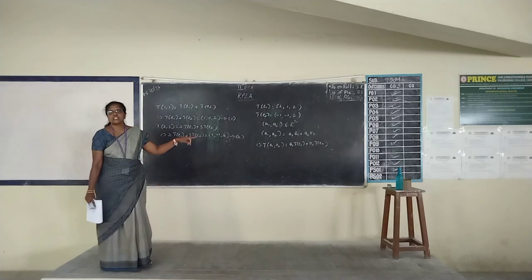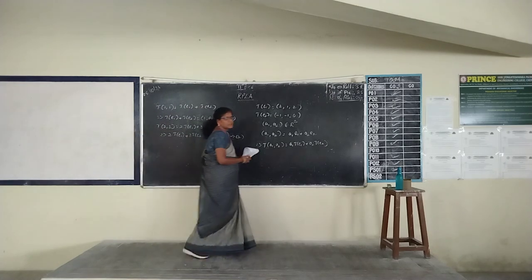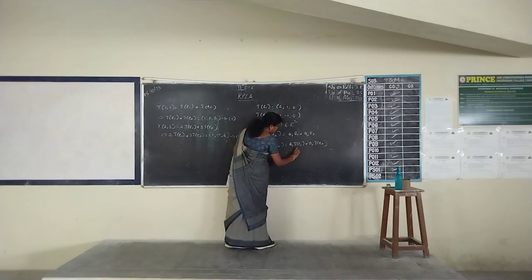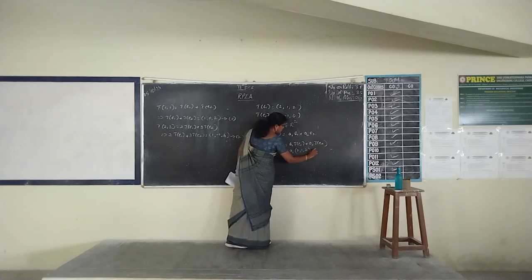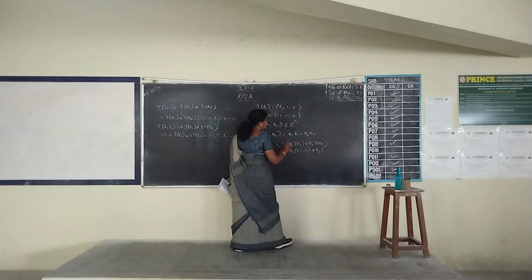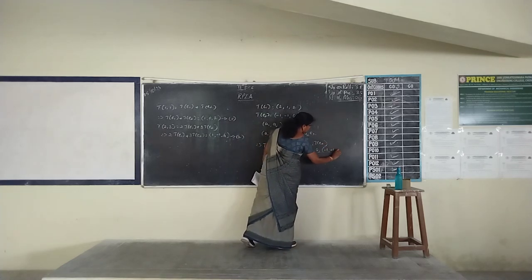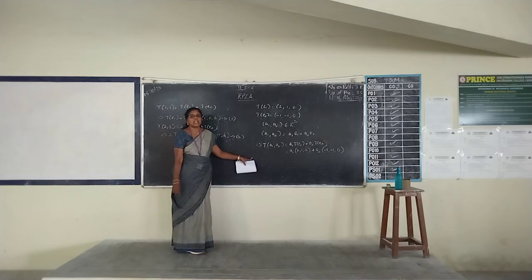But you know what transformation of e1 and transformation of e2 are. Replace it. So a1 into (2, 1, 2) plus a2 into (-1, -1, 0). We are trying to find a generalized equation for this problem.